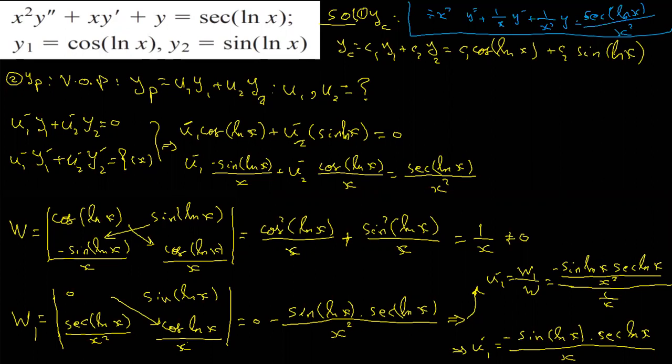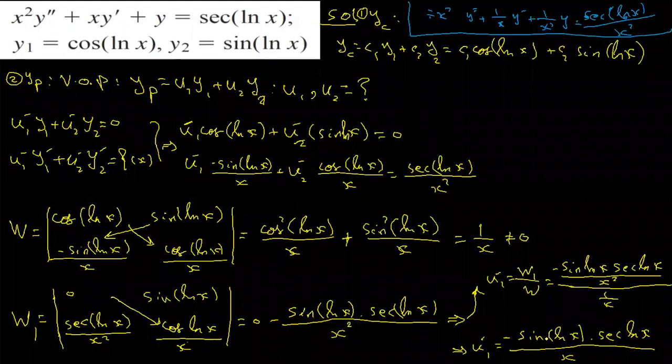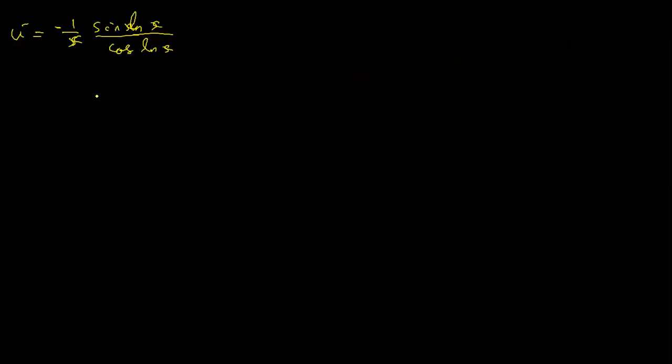It is tan ln x. Yes, you are right. So I have negative 1 over x, sine ln x over cosine ln x. Instead of sine times sec, I wrote sine over cosine, and I left 1 over x.